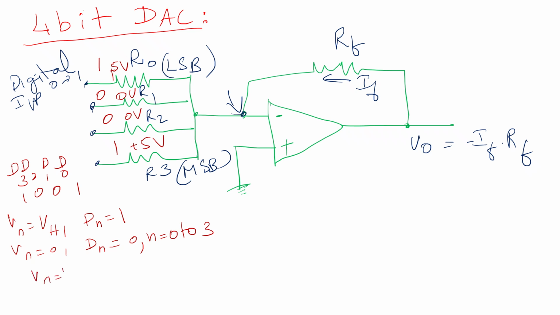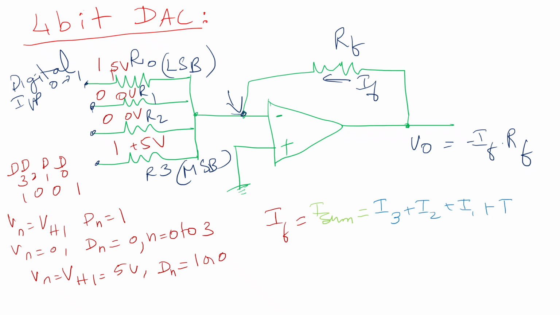The value of I sum is equal to I3 plus I2 plus I1 plus I0, where I3 is equal to V3 by R3, plus V2 by R2, plus V1 by R1, plus V0 by R0. This is the value of IF.